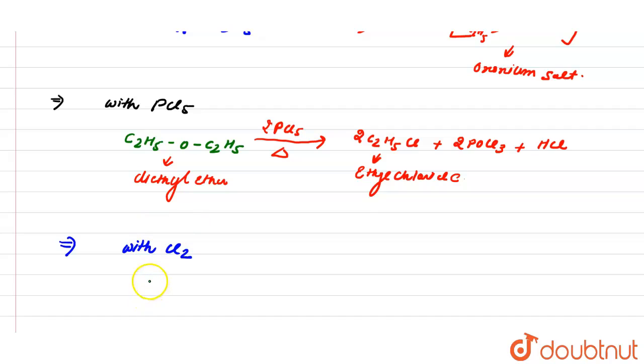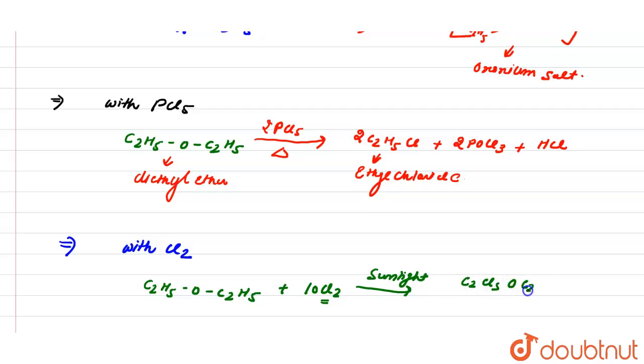When diethyl ether reacts with excess Cl2 in the presence of sunlight, all chlorine atoms will substitute the hydrogen atoms present in the diethyl ether.